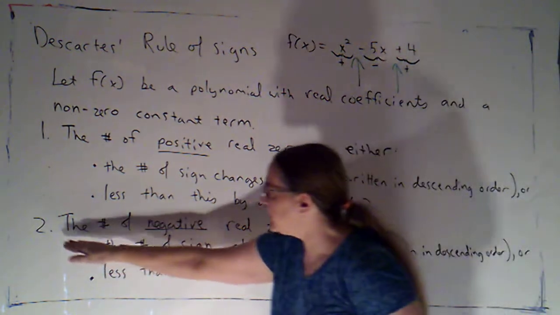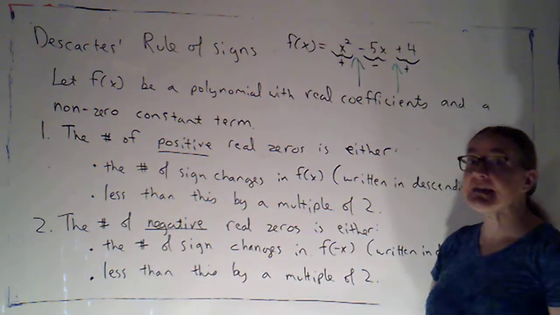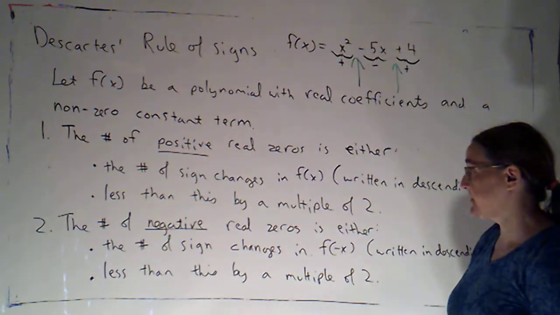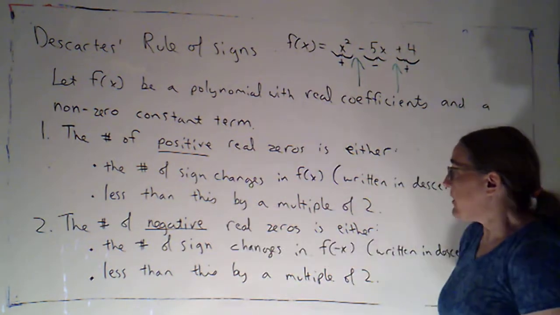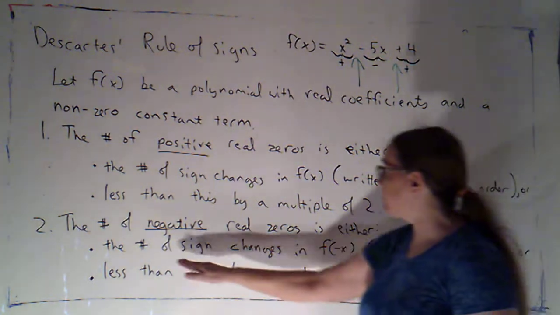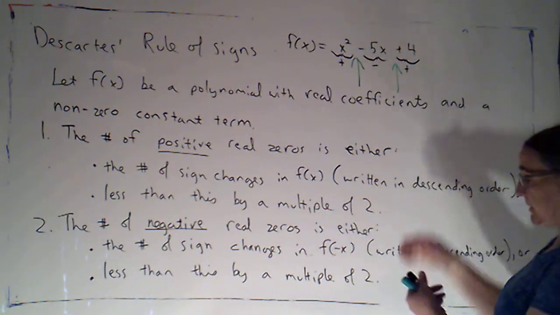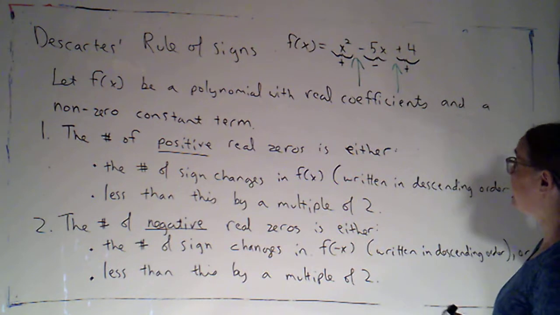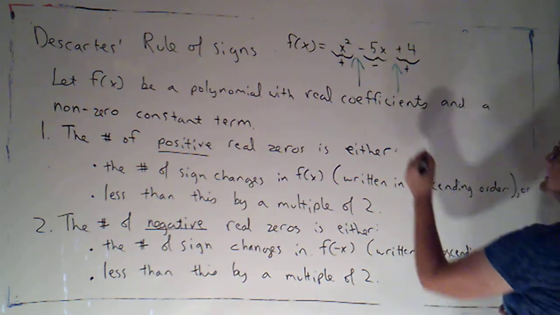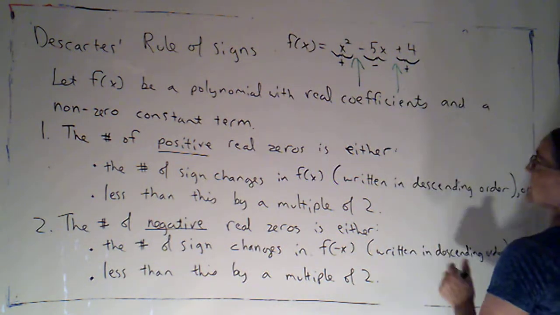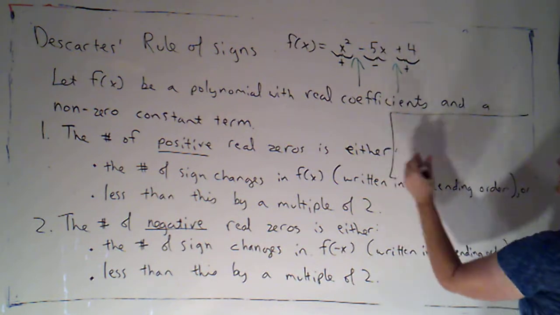The second part of Descartes' rule of signs talks about the negative real zeros. Okay, so that says that could be either the number of sign changes in f of negative x. So I would plug in the opposite of x for x. Now if I do that with this particular example, let me just do that right here.